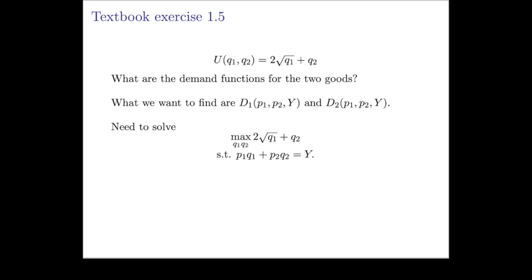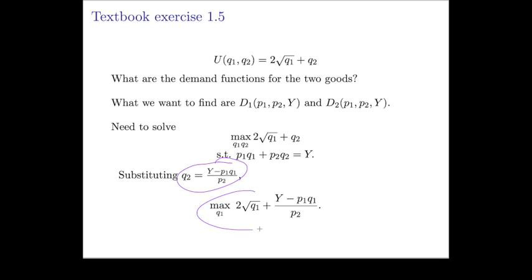So what we need to do is to solve this maximization problem. You want to maximize 2 times square root of Q1 plus Q2, which is your utility, subject to the constraint that P1 Q1 plus P2 Q2 equals Y. We're going to just substitute in Q2 equals (Y minus P1 Q1) divided by P2 to turn this into a maximization problem of just one variable that doesn't have a constraint.